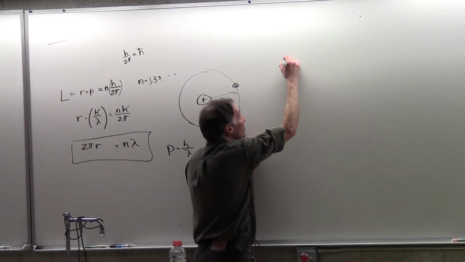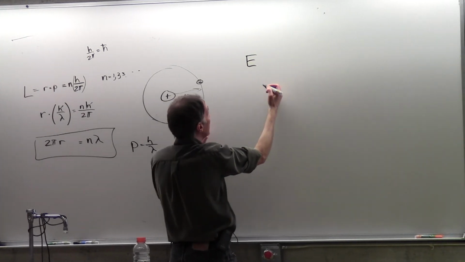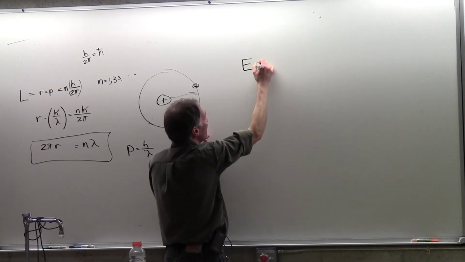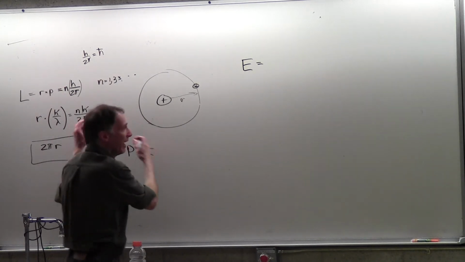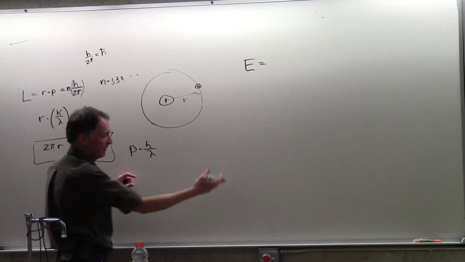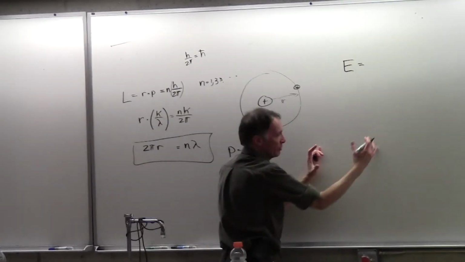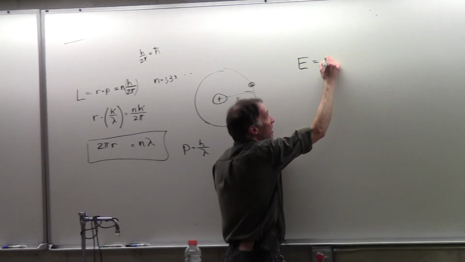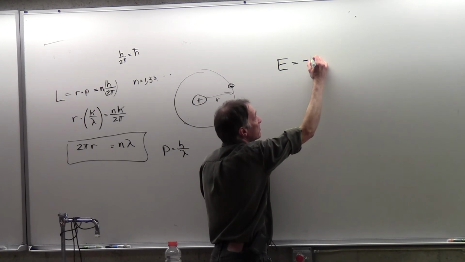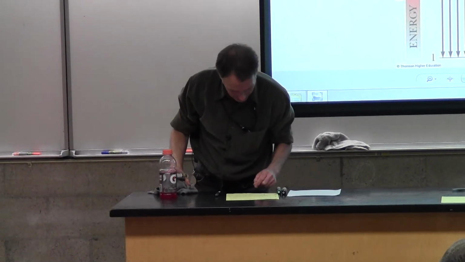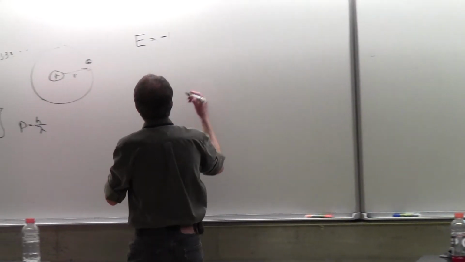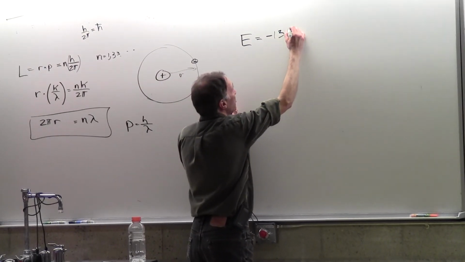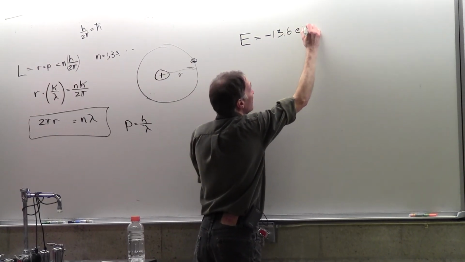The energy of the atom itself, you work out all the constants. Like with the particle in the box, I had all those constants, you group them together. We do this here, and we get a minus 13.6 electron volts.